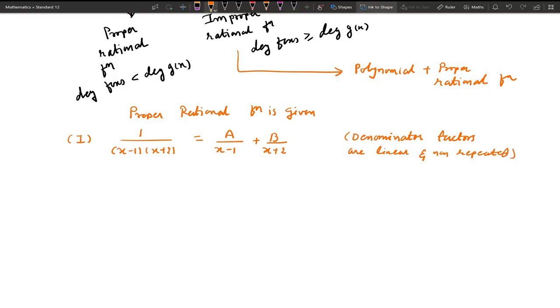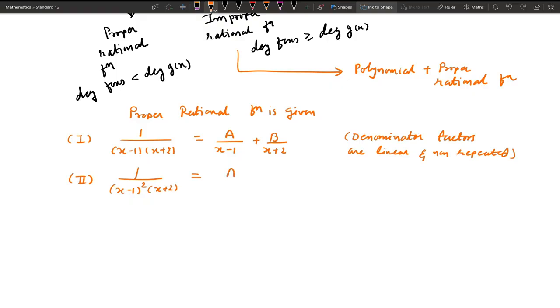Next we discuss how to find unknowns a and b. First, note down the method of writing the expression for partial fraction on the right hand side when roots are linear and non-repeated. Second, a combination of repeated and non-repeated. For example, x minus 1 square times x plus 2.